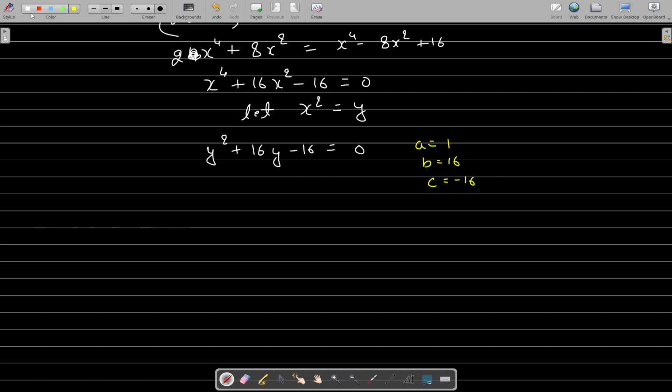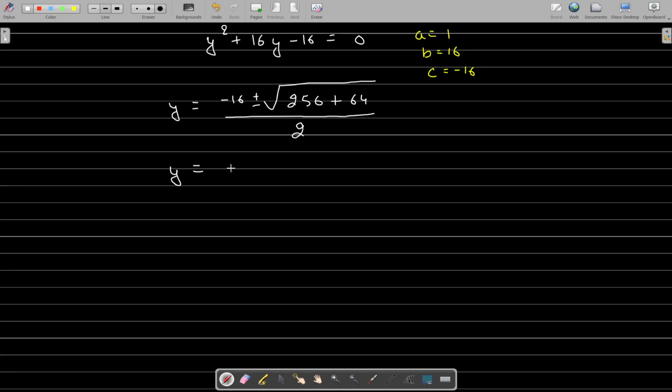So when I solve this using the quadratic formula, I get y is equal to minus b, which is minus 16 plus minus square root of b square, 16 into 16 is 256, minus 4ac, which becomes plus 16 into 4 is 64, divided by 2a, which is 2.